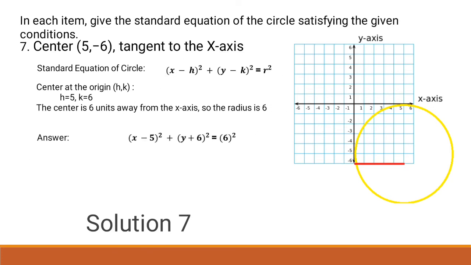Therefore, the answer is (x - 5)^2 + (y + 6)^2 = 6^2. The standard equation is (x - 5)^2 + (y + 6)^2 = 36.